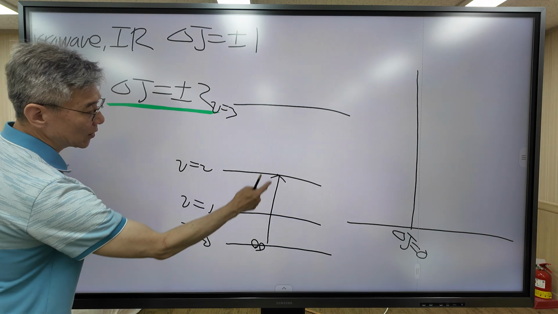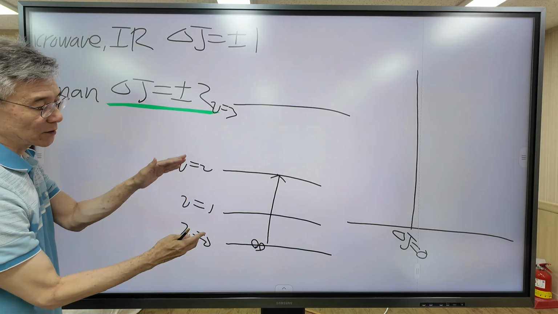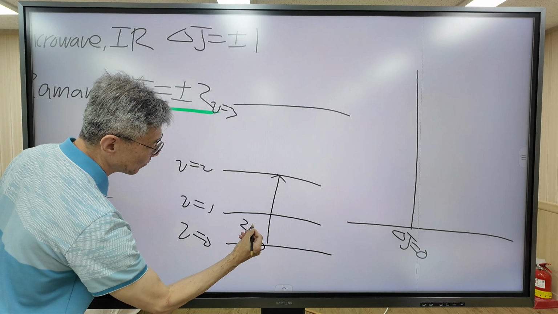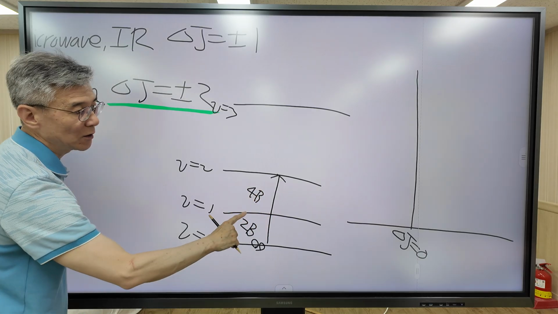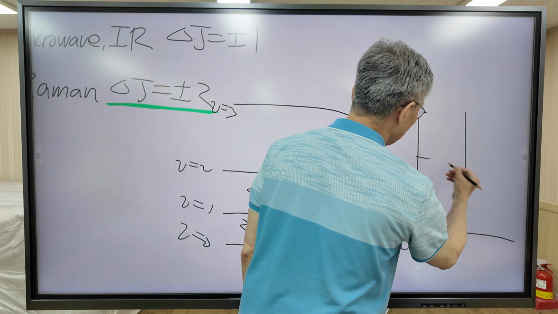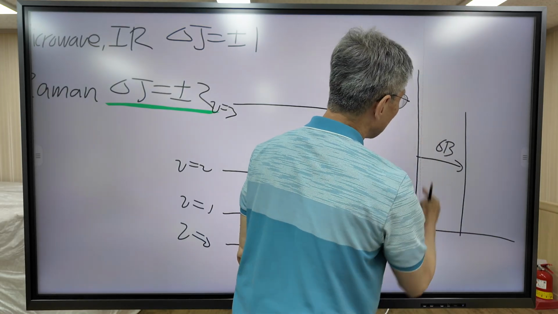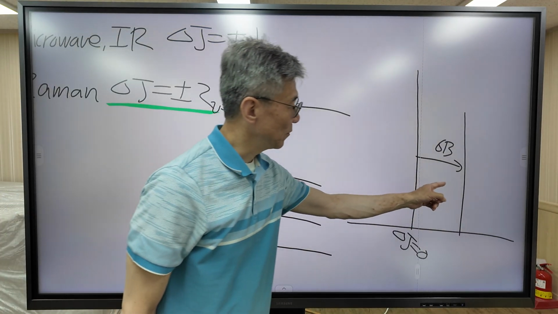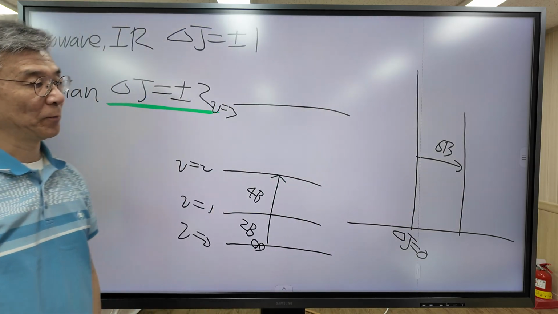What is the peak position? This is 2B, this is 4B, so 6B. So the first Raman peak is shifted by 6B from the central Rayleigh line.